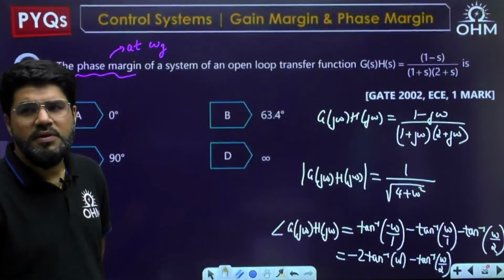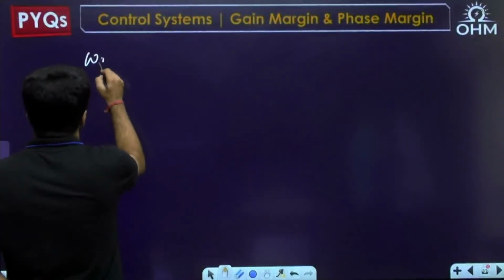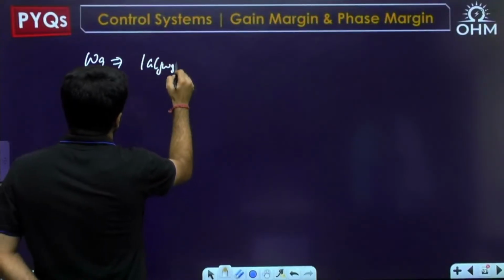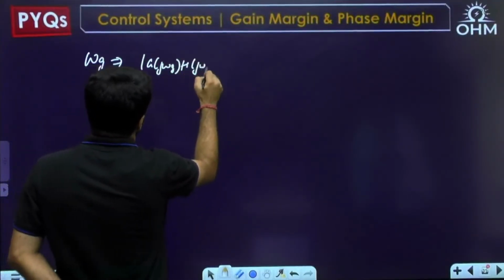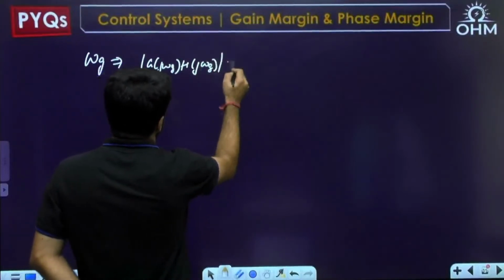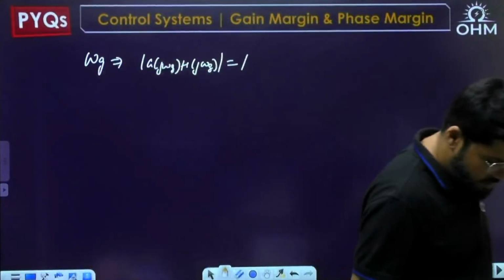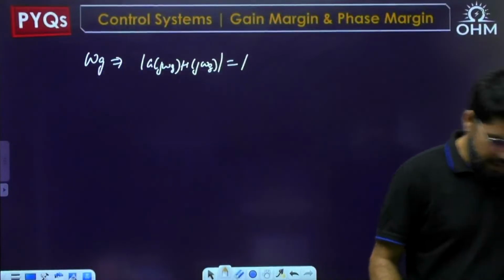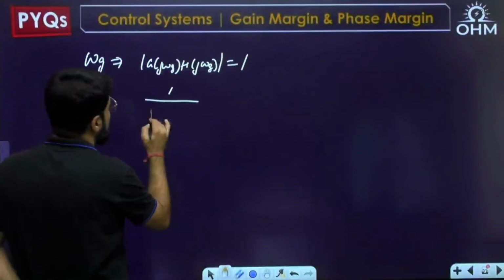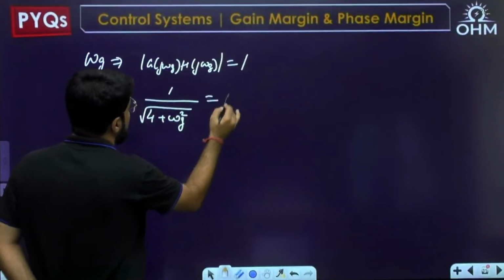Now, how much is omega g? The first calculation is omega g. How do we find omega g? At omega g, mod G(j omega)H(j omega) is equal to 1. What is that magnitude function? 1 upon under root 4 plus omega g square equal to 1.